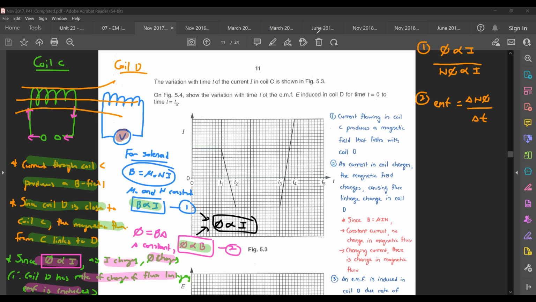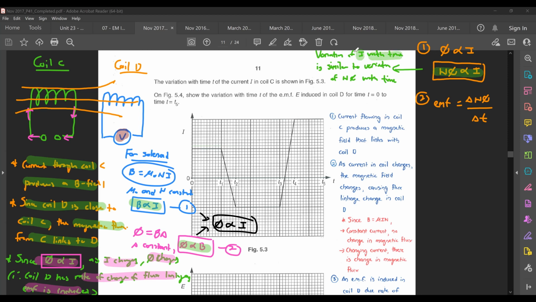If you look back at the first point that I wrote here, just like I told you that flux is proportional to current, flux linkage is proportional to current. Because of this relation, you could say something like this: variation of current with time is similar to variation of flux linkage with time, because flux linkage is proportional to current here.